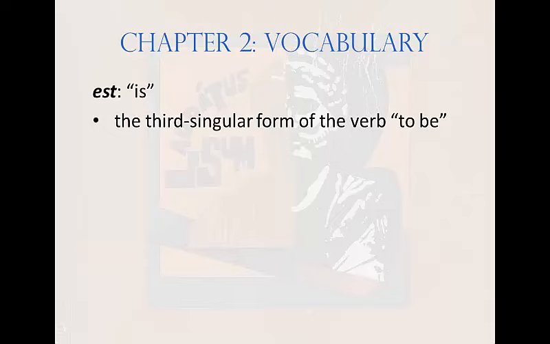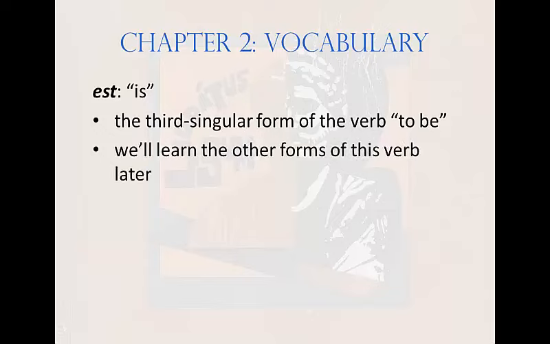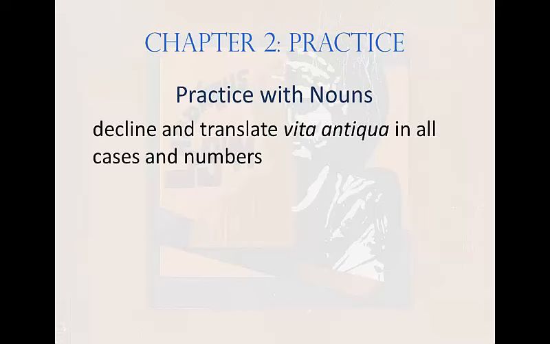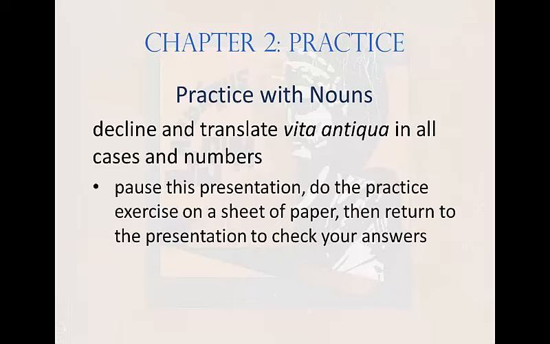Before signing off, let's practice a little bit with nouns and verbs to be certain you understand the grammatical principles introduced in this and the previous chapter. First, decline and translate the noun-adjective cluster vita antiqua in all its cases and numbers. Pause this presentation briefly while you do the exercise on a sheet of paper, and then return to the presentation to check your answers.